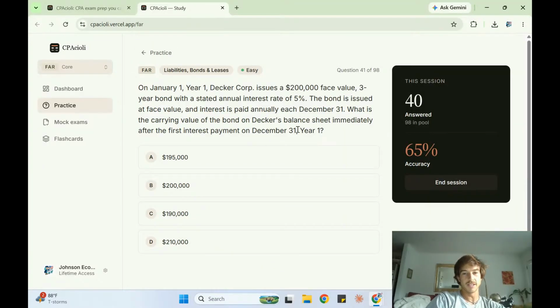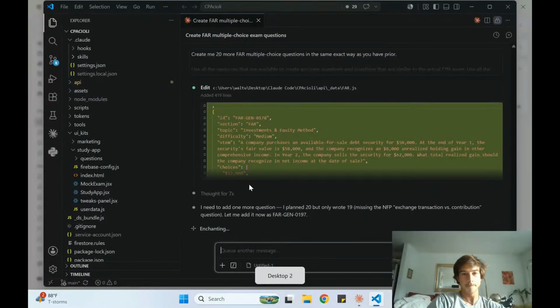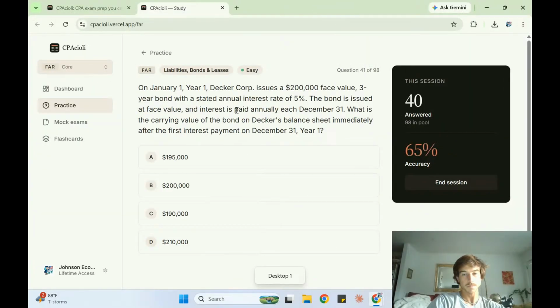Cool. All right, 10 more. $200,000 face value, 3-year bond.